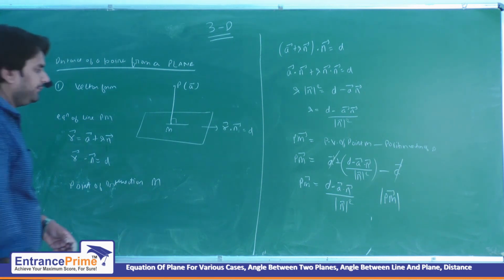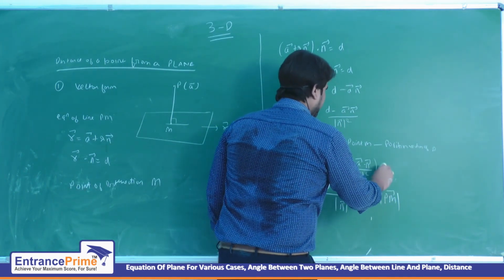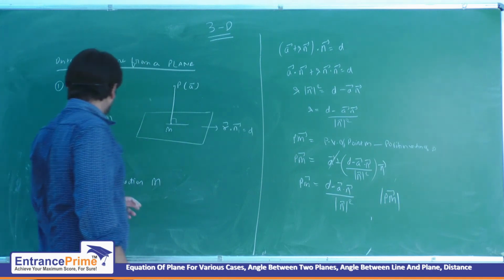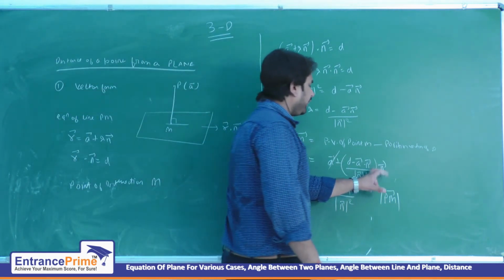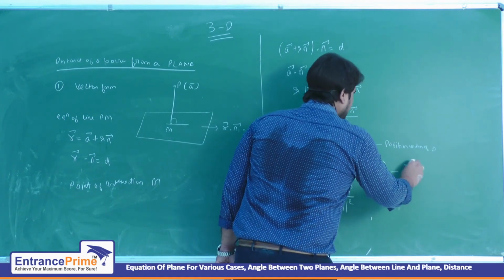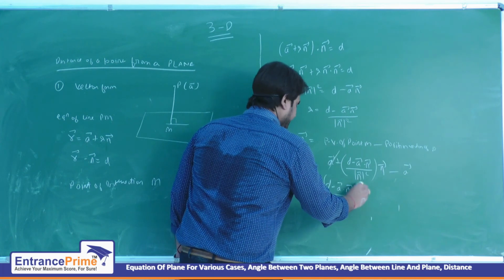Here we are missing one thing. Here n vector will come, because it is equal to a plus lambda times n vector, so a plus lambda times n vector we have not written, minus a vector. Okay, so it will become like this.